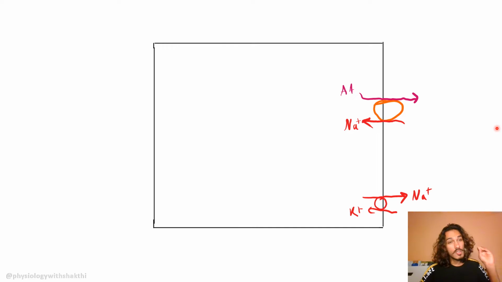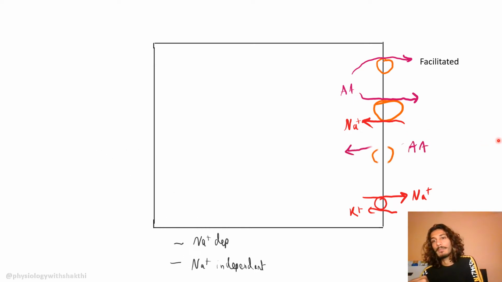I'm not going too much into detail of this, which is not needed for you guys. Apart from that, through facilitated diffusion, amino acids can go out. So there are 2 mechanisms, a sodium dependent mechanism, and sodium independent mechanisms are also there. Apart from all this, amino acids can be taken back inside.